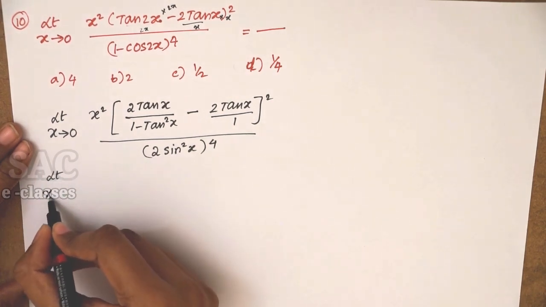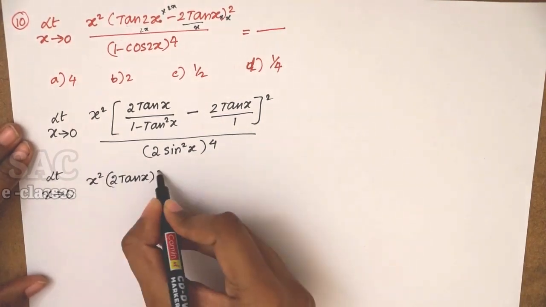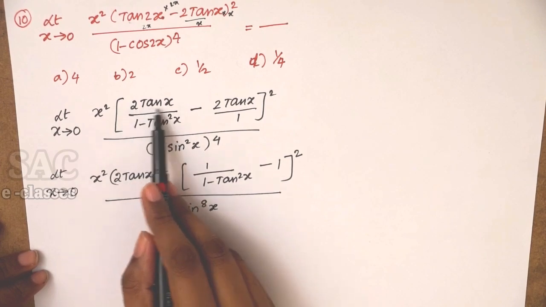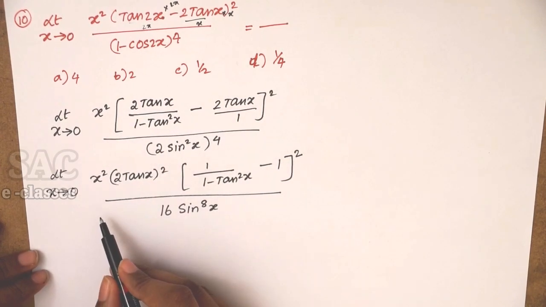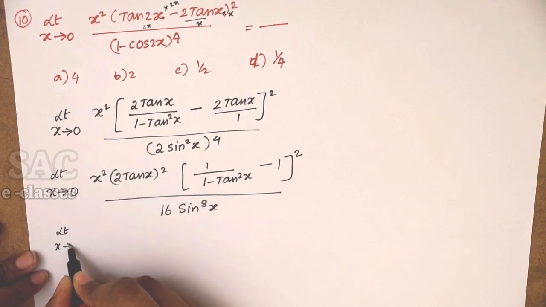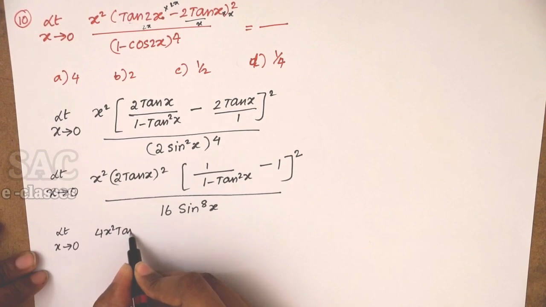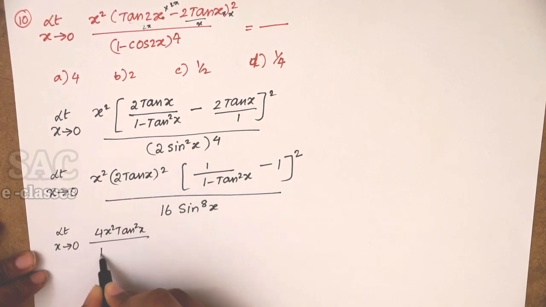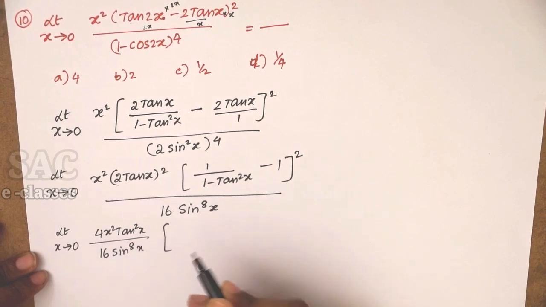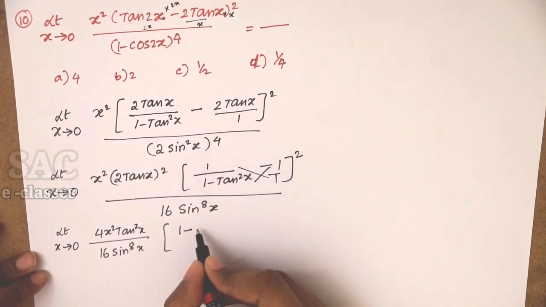Limit x tends to 0, x square. Now if you have observed, I have taken 2 tan x as common. Now limit x tends to 0, 4x square tan square x by 16 sin power 8 x into 1 minus, let's simplify.